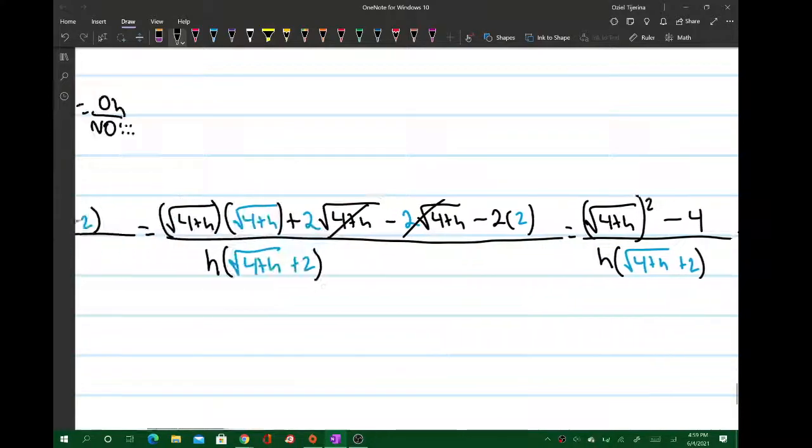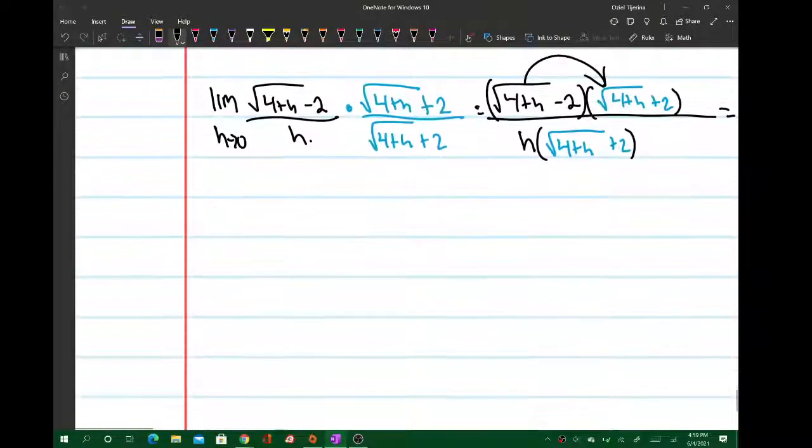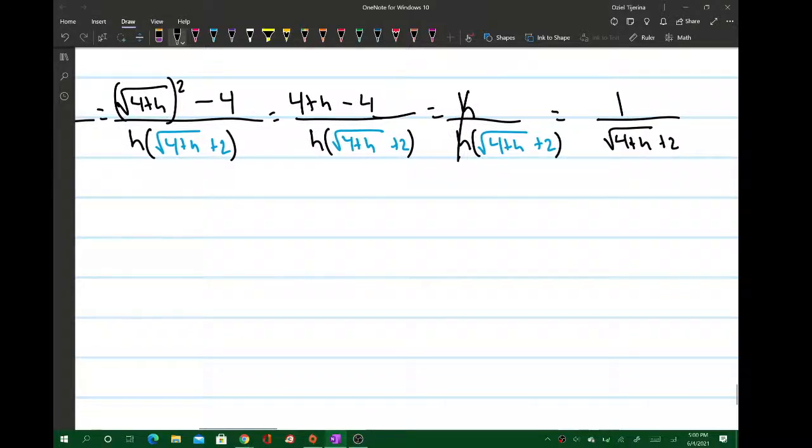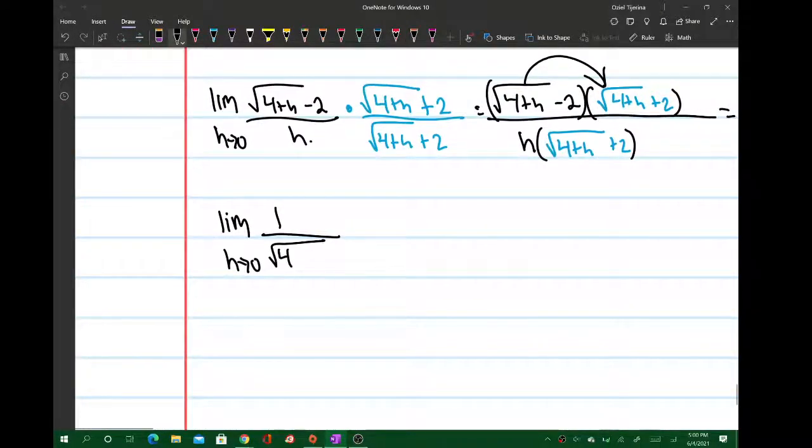And you want to find the limit as h approaches 0. Remember, the limit as h approaches 0 of 1 over the square root of 4 plus h plus 2.